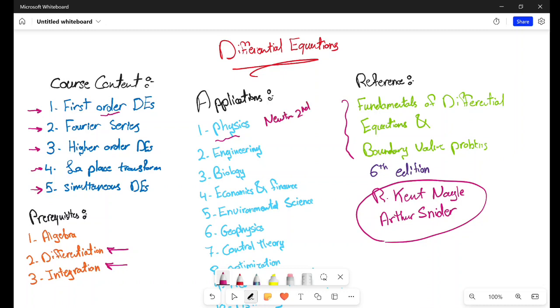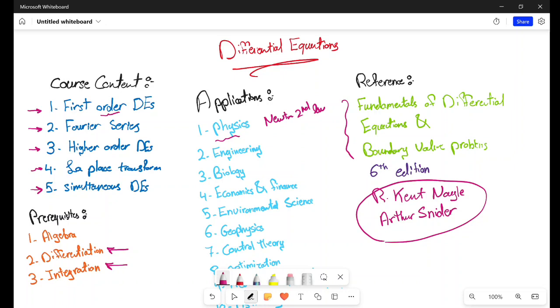Also, it can be used in modeling the behavior of physical systems like oscillations, waves, heat flow, and fluid dynamics. Also, it is used in formulating quantum mechanics equations such as the Schrödinger equation, which is quite complex to solve.